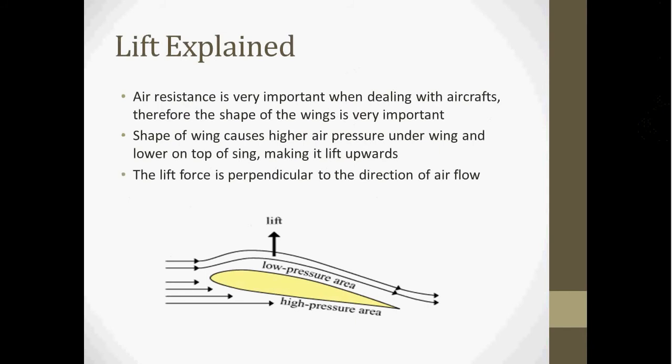So it needs to speed up to meet up with the air that's going along the bottom, and to speed up, it has to lower its pressure, making the pressure under the wing higher, and that causes the plane to go upwards. And obviously, the force of lift is perpendicular to the direction of flow, and that's how planes fly.